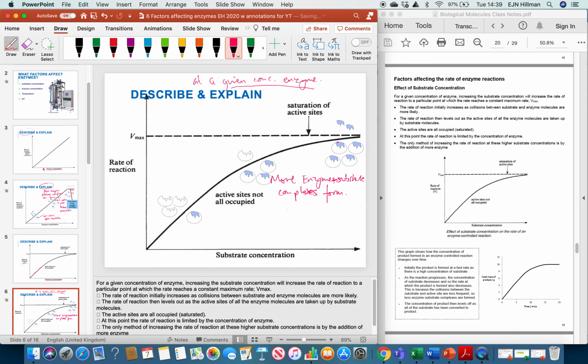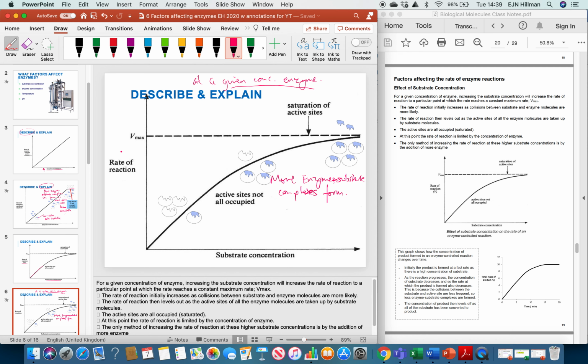Okay, so the substrates have taken up all of the active sites, and the reaction will continue at this maximum rate, Vmax, or the maximum velocity. And the reason for that is there is a saturation of active sites at this point.